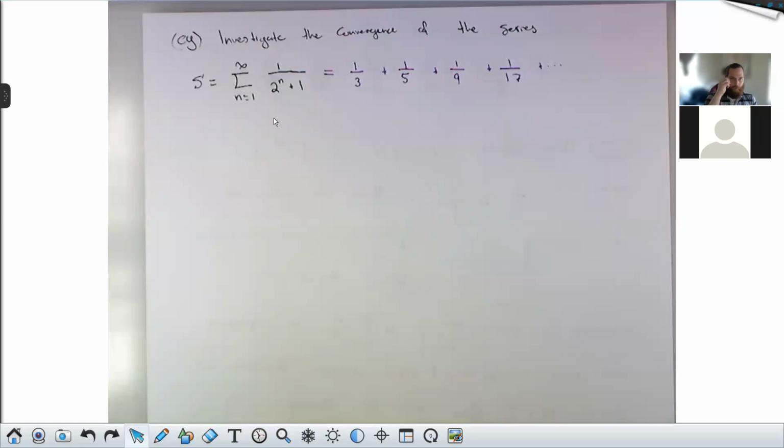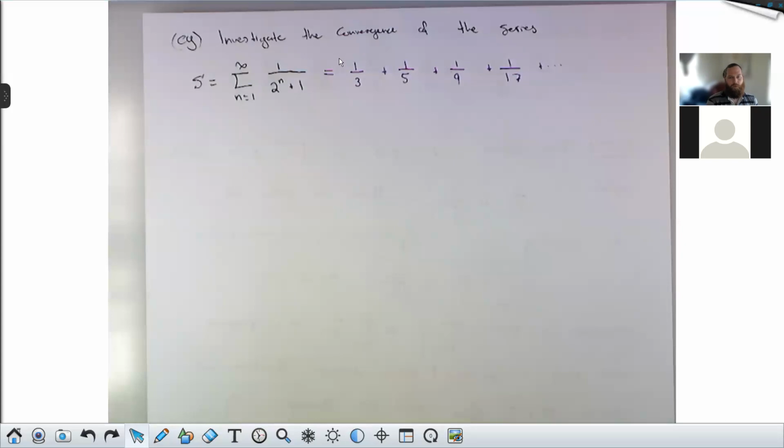If not for this plus 1, if this was just sigma 1 over 2 to the n, that's a geometric series. That was actually the very first series we worked with. And this guy is so close to that. The only difference here is a plus 1.